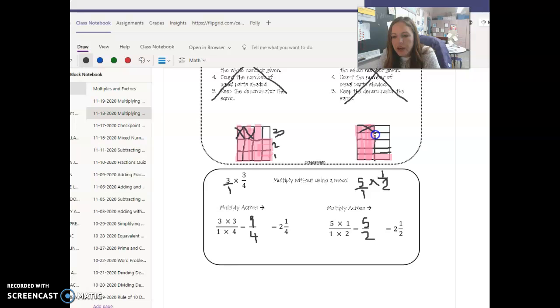Let's X out another one to create 2 wholes. Well, I don't have any more halves left to create a whole. So what do I have? I have 1 whole, 2 wholes, and a half. So 5 halves is the same as 2 and 1/2.